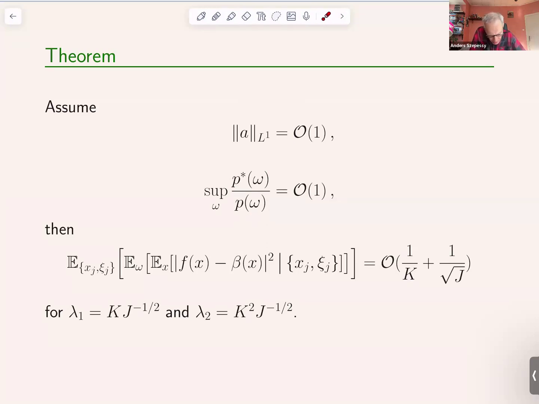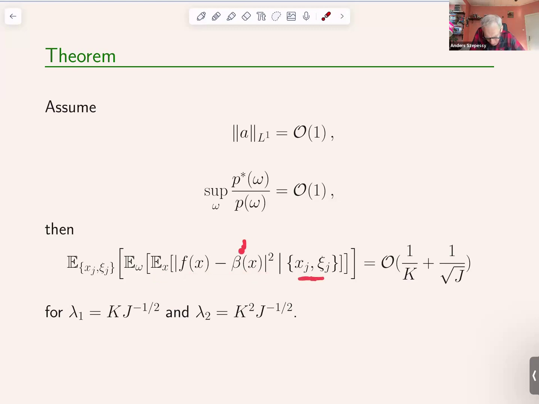And then we will look at the generalization error. So here is what we want to estimate: the difference between the function we seek and our neural network. And we are conditioning on the data points.